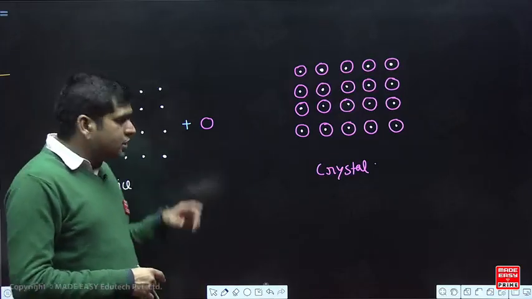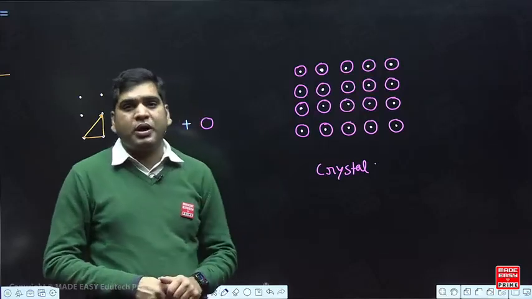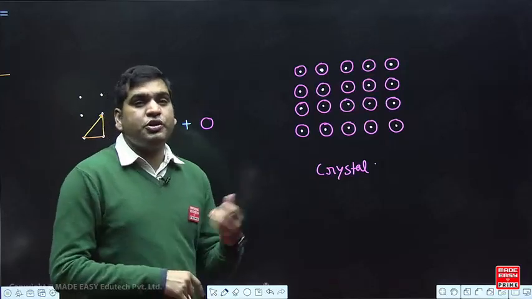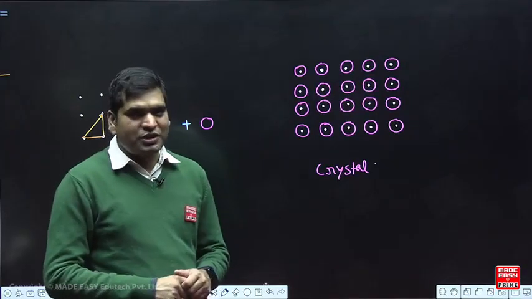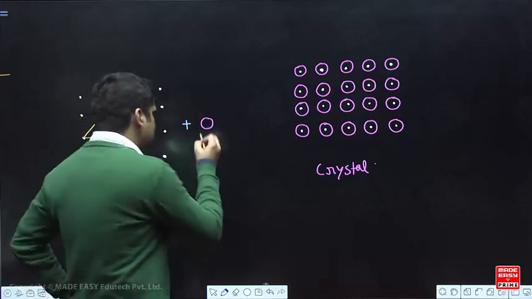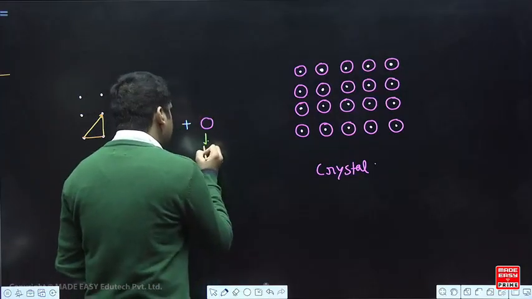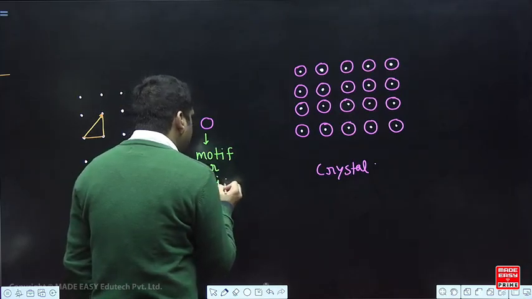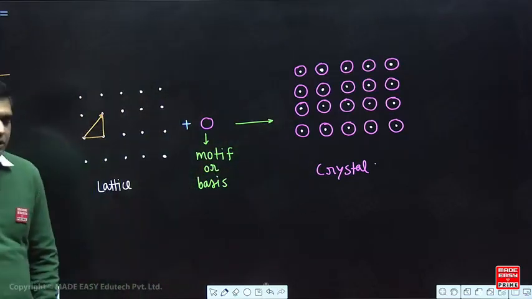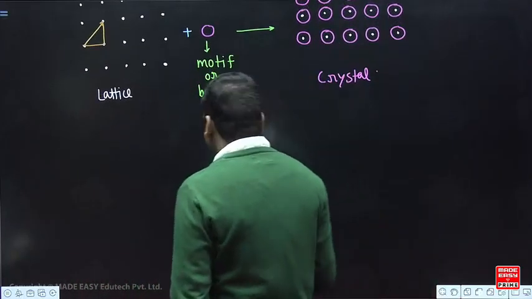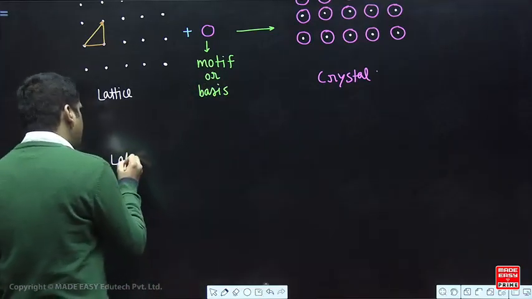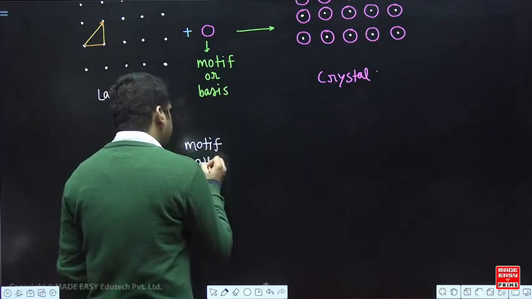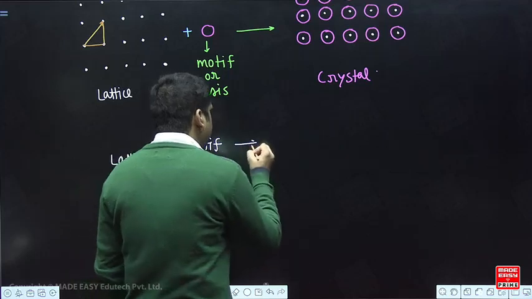But if each lattice point contains one atom or group of atoms, then it becomes a three-dimensional periodic arrangement of atoms, and this is known as crystal. So basically lattice plus this atom or group of atoms, known as motif या basis, both of them combined make a crystal. So lattice plus motif or basis makes a crystal.